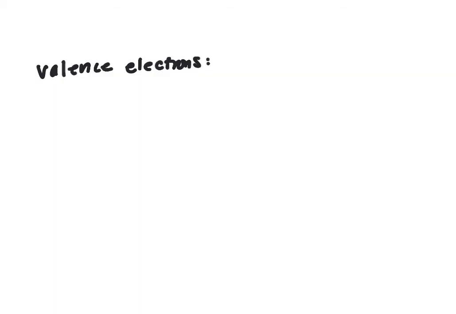Chemists often focus on the electrons in the outermost shell of the atom because these electrons are involved in the formation of chemical bonds and in chemical reactions. Outer shell electrons are called valence electrons. The energy level in which they are found is called the valence shell.